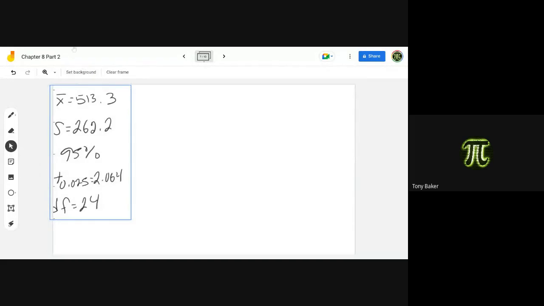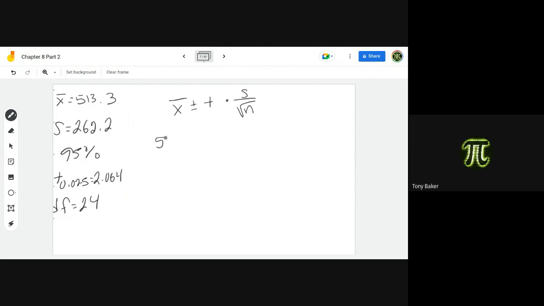So we've got all our information. Now I can figure out my confidence interval. Remember the confidence interval is x, the sample mean, plus or minus, in this case, the t-score, times the standard deviation divided by the square root of n.